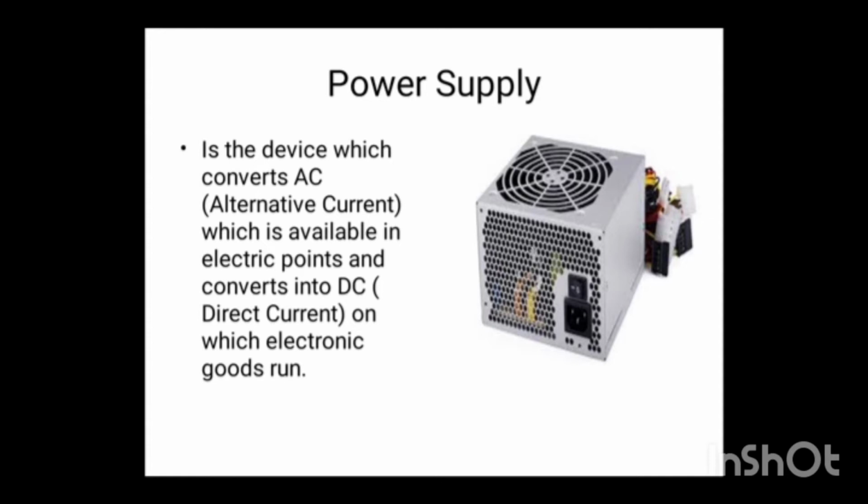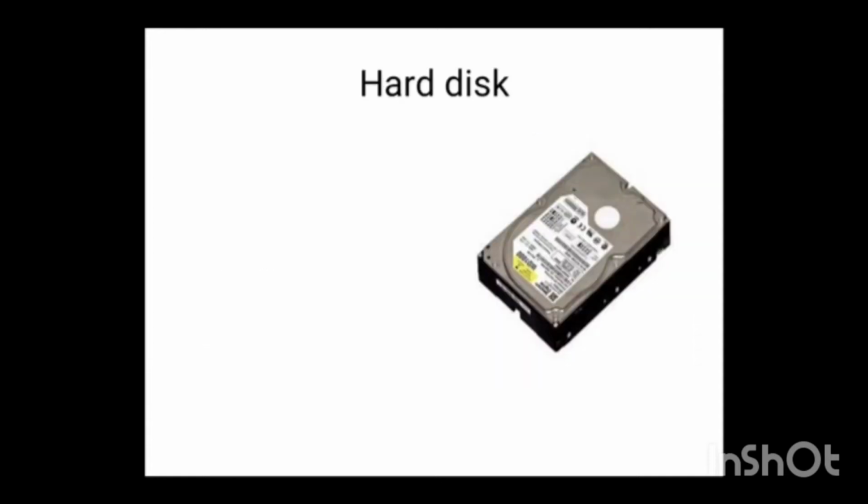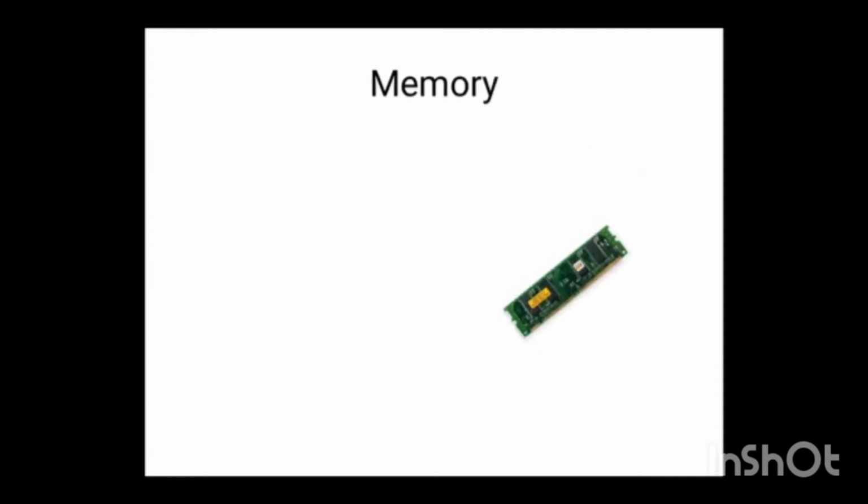Okay, now let us see the next part, that is hard disk. Hard disk is a permanent storage medium. It has a big capacity. The information which you want to use frequently or in the future can be stored in the hard disk. Okay, next let us see about the memory.